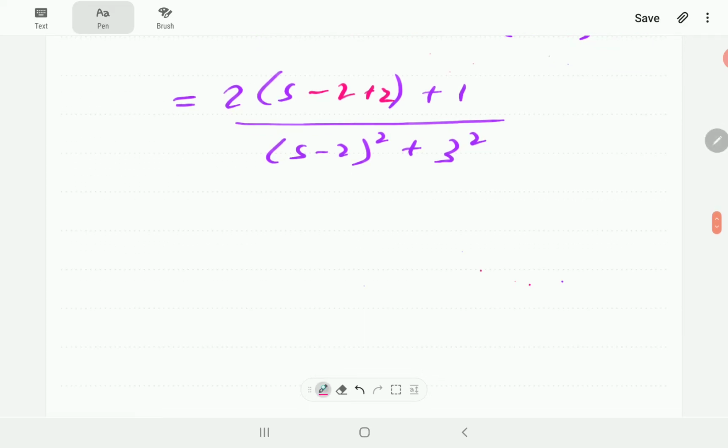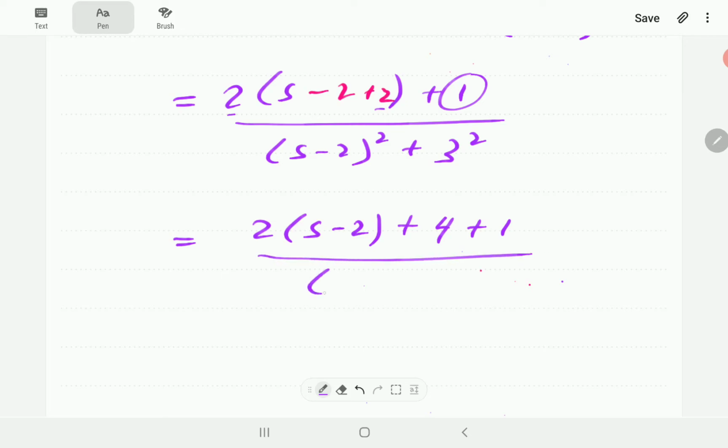In the next step, we factor this s minus 2. What remains is 2 times 2, which is plus 4, and then the plus 1 is the same as this one.